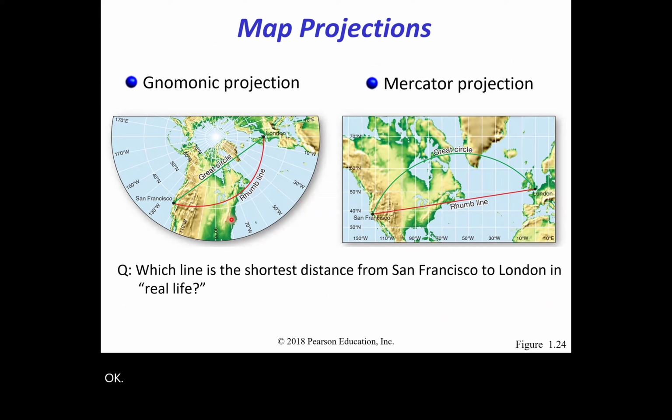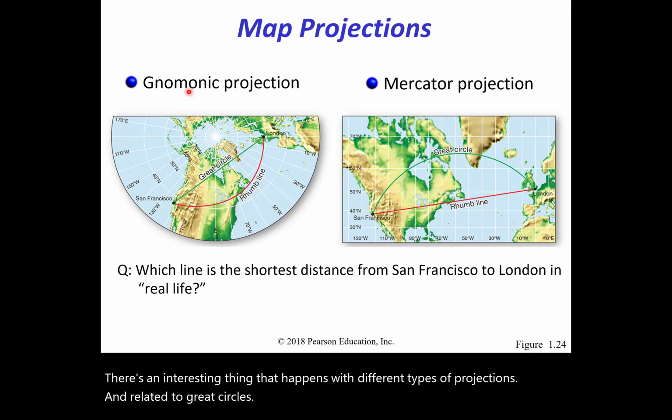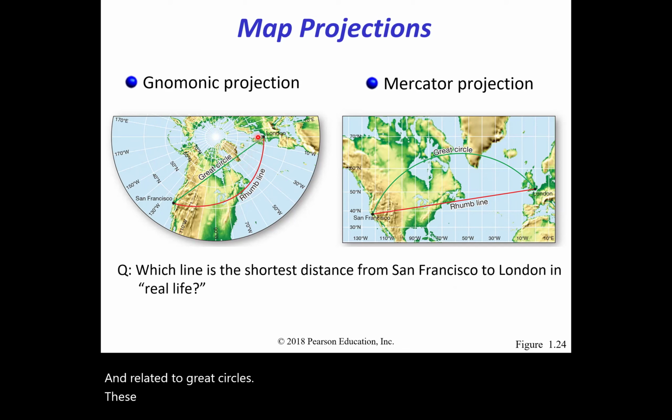Back to the different projections and great circles. There's an interesting thing that happens with different types of projections related to great circles. These gnomonic projections show us great circles as straight lines.